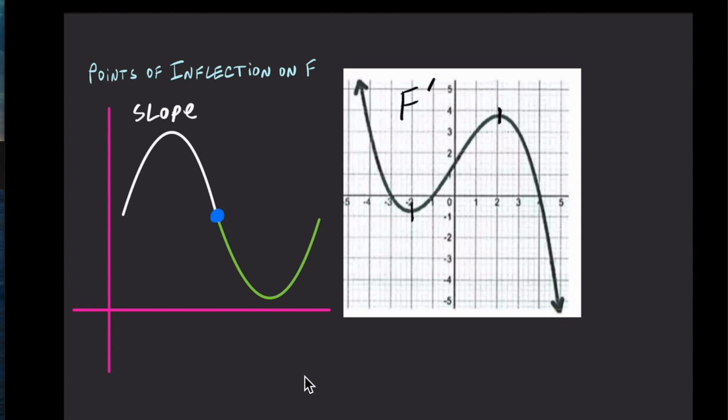Finally, let's move on to points of inflection on f. Very clearly, a point of inflection on f is when there's a change in concavity. So we're going to go to f prime and we're going to see where f prime changes from decreasing, meaning f prime's y value is decreasing, which manifests in a decreasing slope, a concave down portion on f, to an increasing portion, where the y values are increasing, meaning the slope is increasing on f, meaning it's concave up.